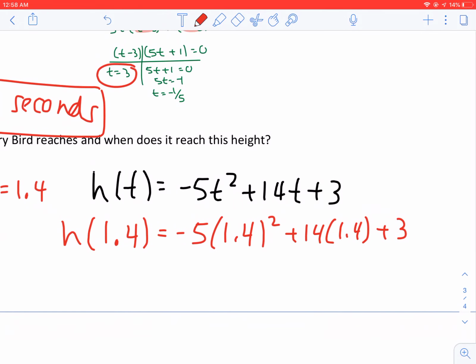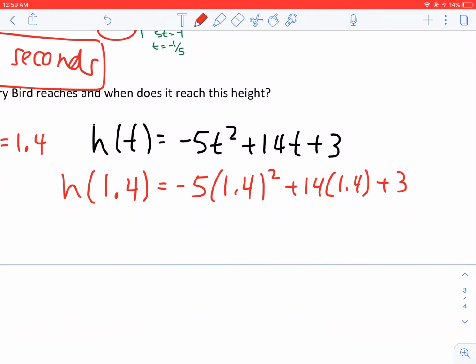I'm going to type that into my calculator, and let's see what we get. That is equal to 12.8.